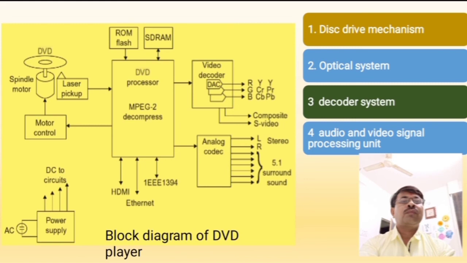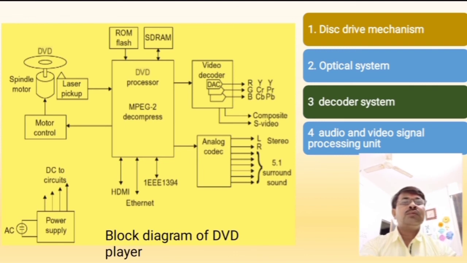So here I did not show the display unit, and the display unit uses LCD type, and that will display the playback information on the screen, like track numbers and the time. Such type of information is displayed on the screen.